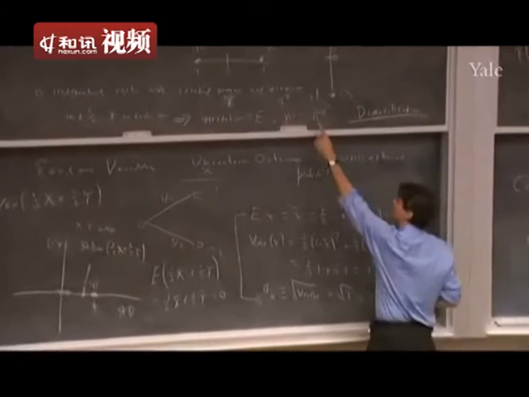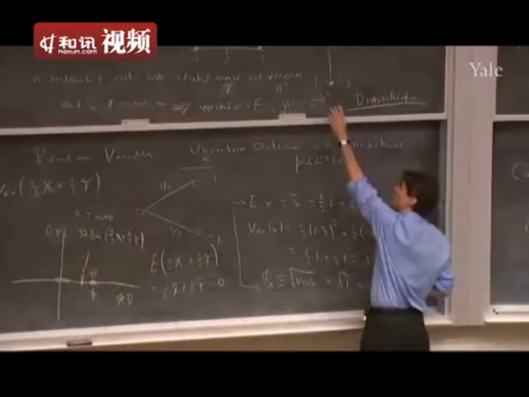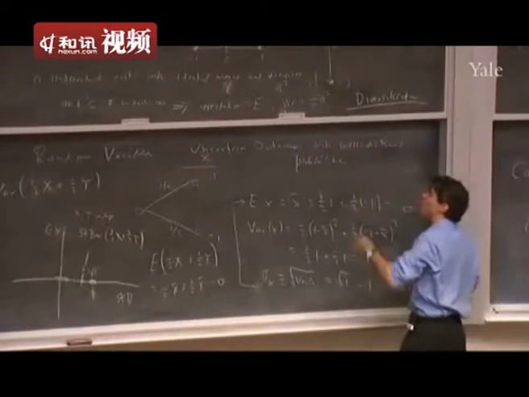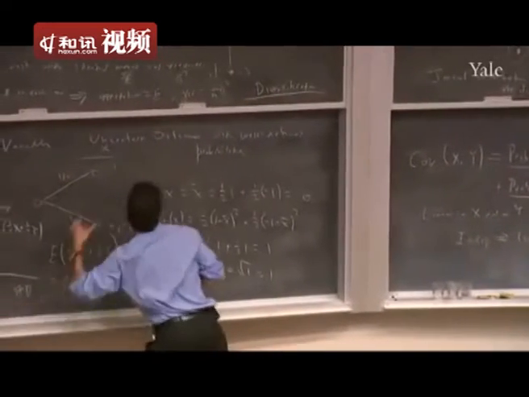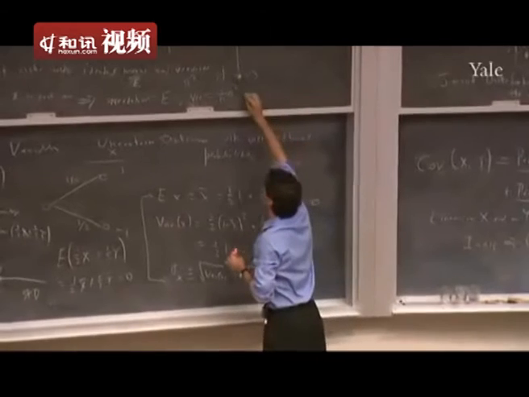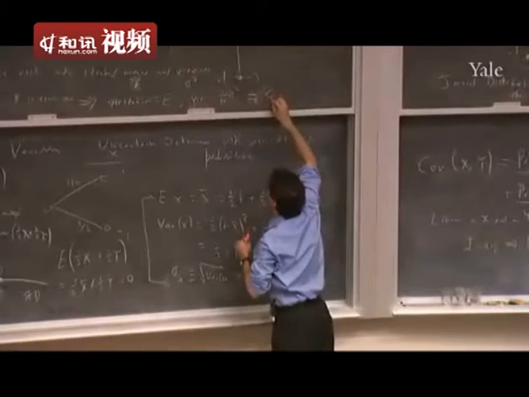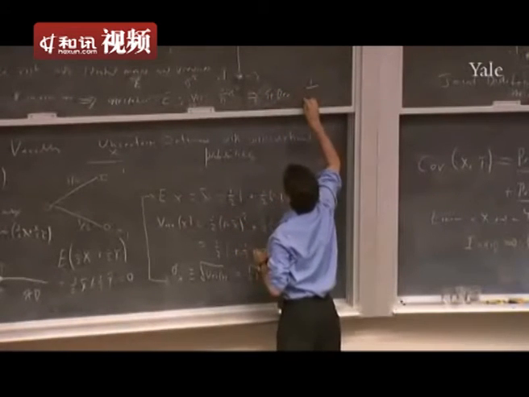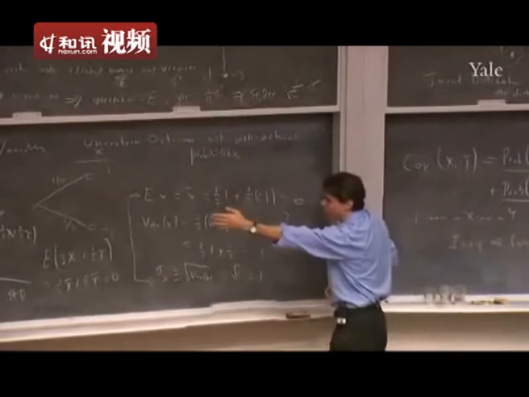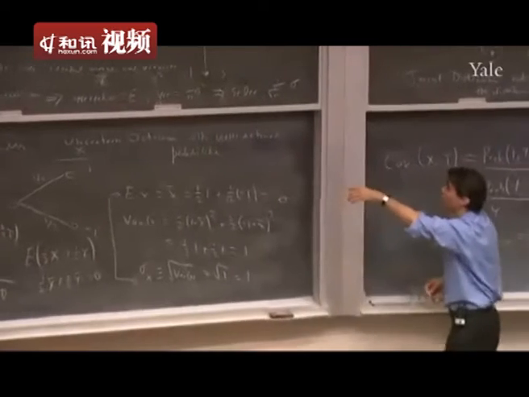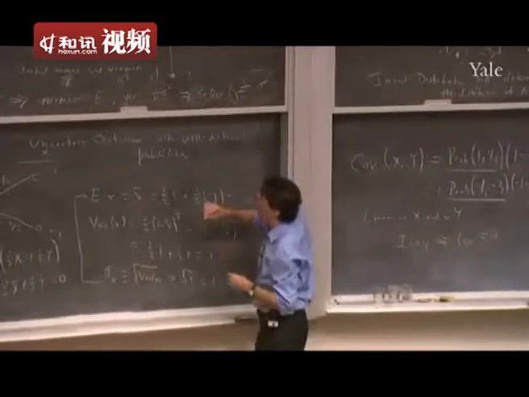Why is that? Because each one will have 1 over n dollars in it, so its variance is going to be 1 over n squared times sigma squared, but there are n of them. So it's n times 1 over n squared, which is just 1 over n. So the standard deviation is 1 over the square root of n times sigma. As a generalization, we had 1 over the square root of 2 for 2 of them, so if I did n of them instead of 2, I'd have 1 over the square root of n. Those turn out to be very useful formulas, which are going to come up over and over again.